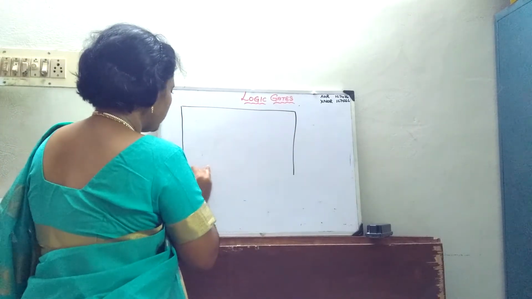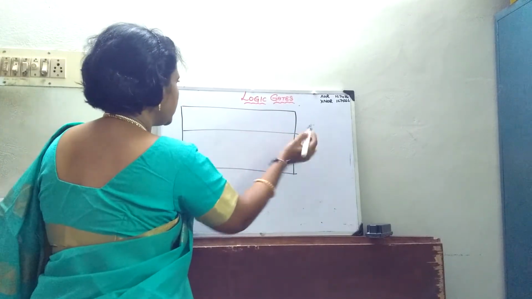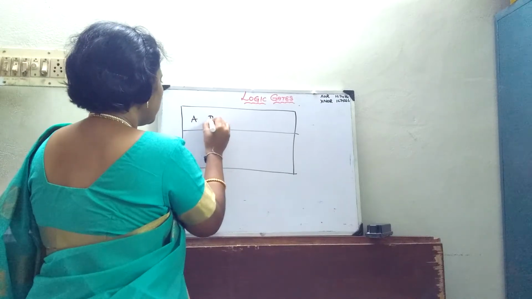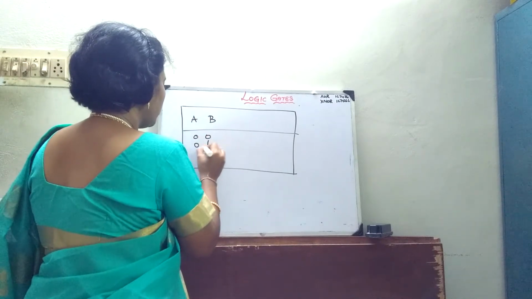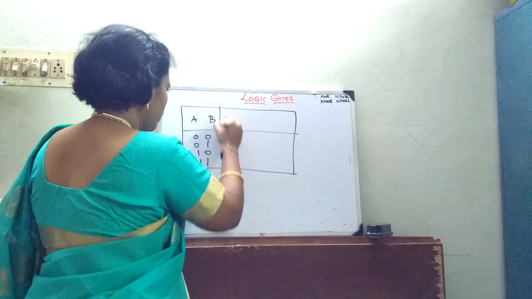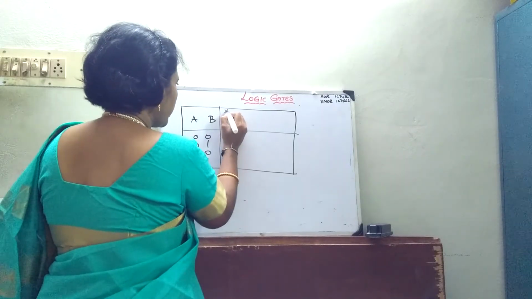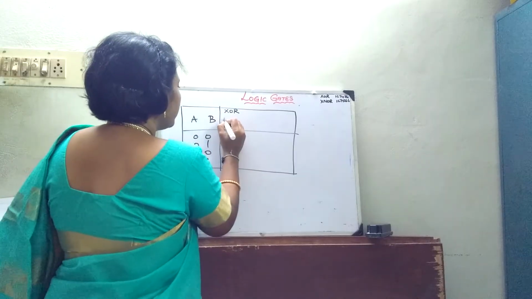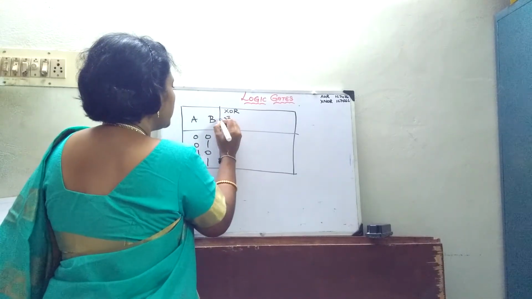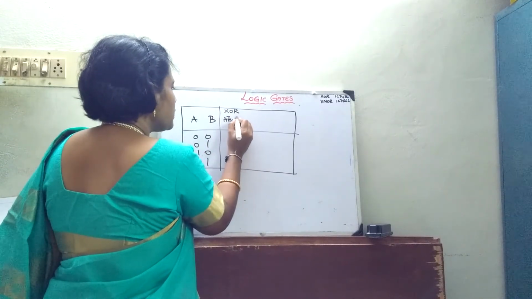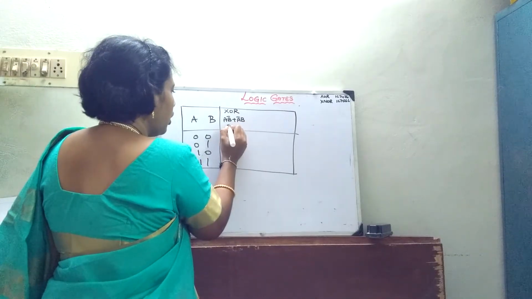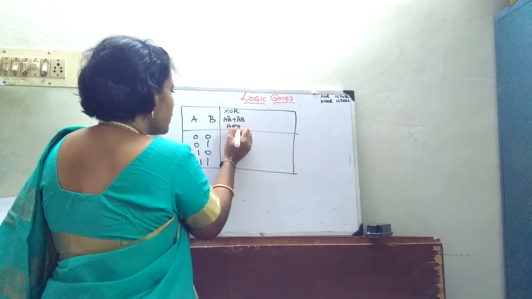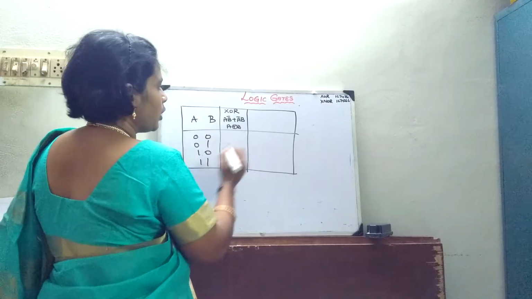So I am going to draw the truth table of both the things here itself. First is going to be XOR gate, that is nothing but A B bar plus A bar B, or I can write it as A XOR B.